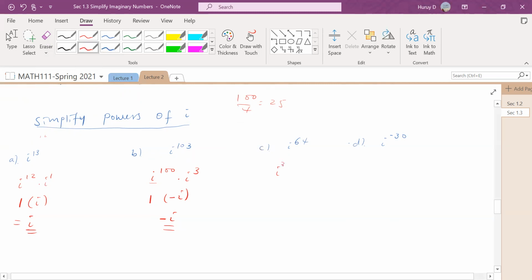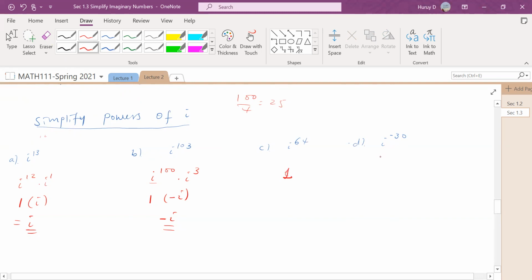You can split it as i to the 32 times i to the 32, and this is i to the 16, i to the 16, and so on and so forth. It will be too long and take time, but you can go down to 4, and that way you can simplify it. Okay, but there is no need, because now we have the property. If the number divides 4 without remainder, then it's just 1.